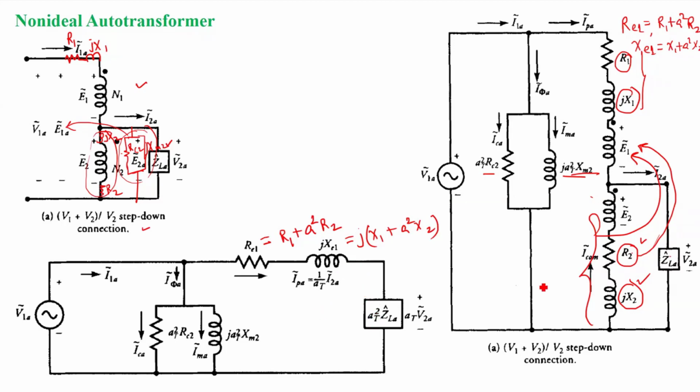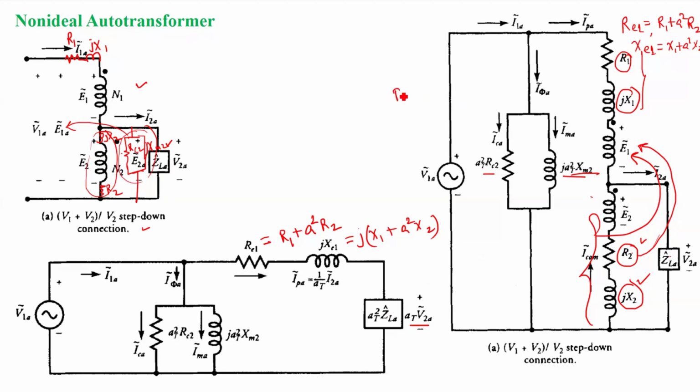Now your current is also referred to the primary side, so I1A will be equal to I2A by a. And your voltage when referred to the primary side becomes a V2A, and the load impedance becomes a square ZLA. So this is how we can represent the autotransformer.